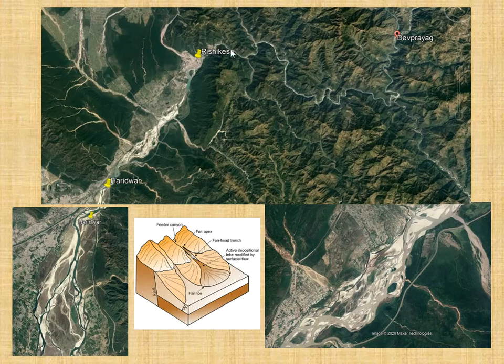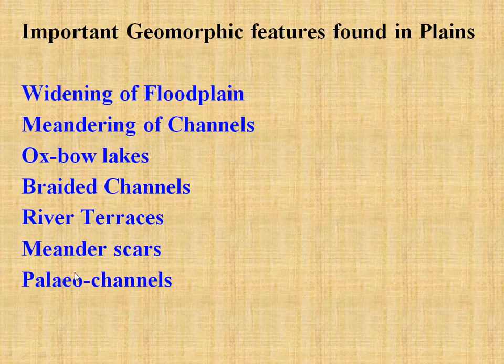Now as the river enters the foothill region, Rishikesh and Haridwar, you can see that there is more lateral erosion, the sideward erosion is there, and the river is now spreading. Now it is no more confined to those V-shaped valleys, and the fan formation is starting, and the sediments which are heavier in size start getting deposited.